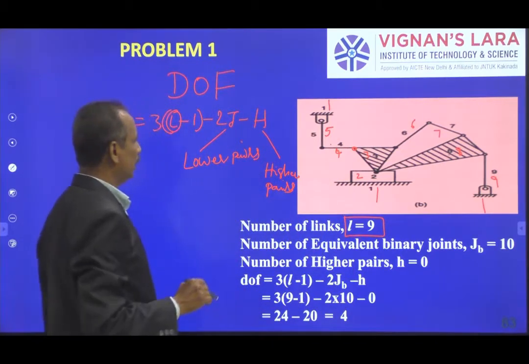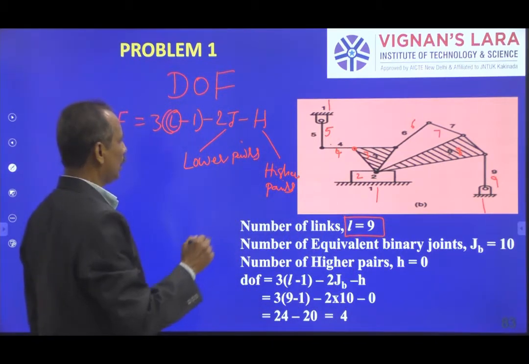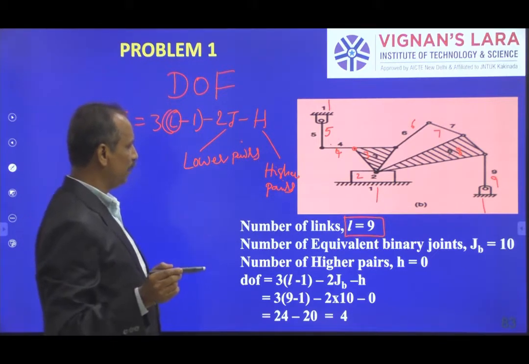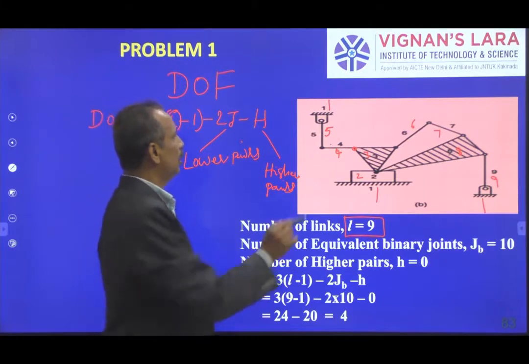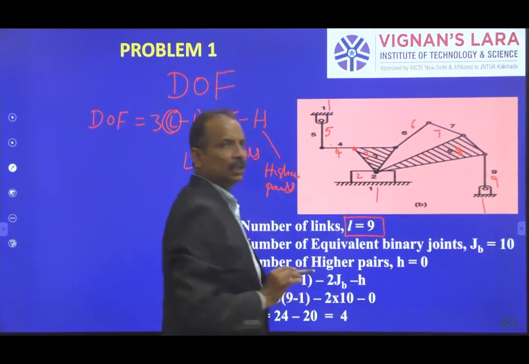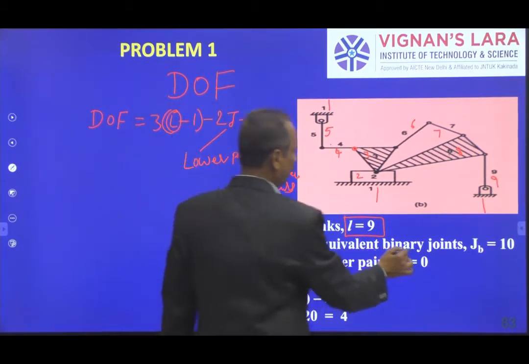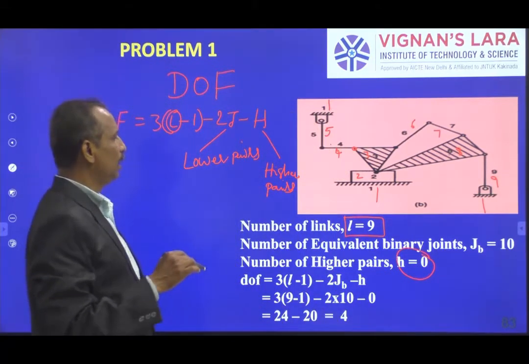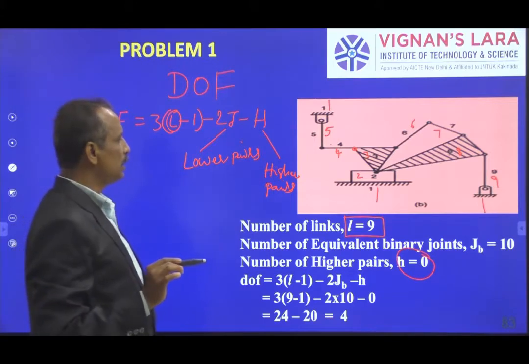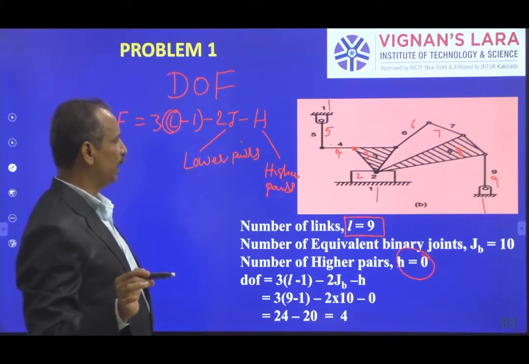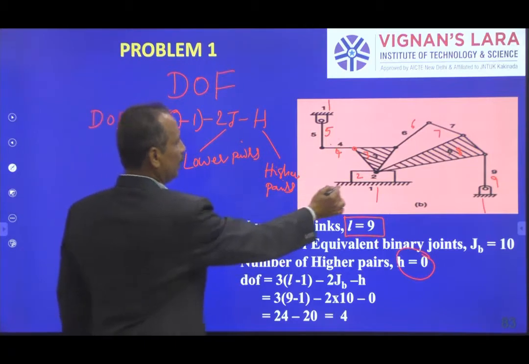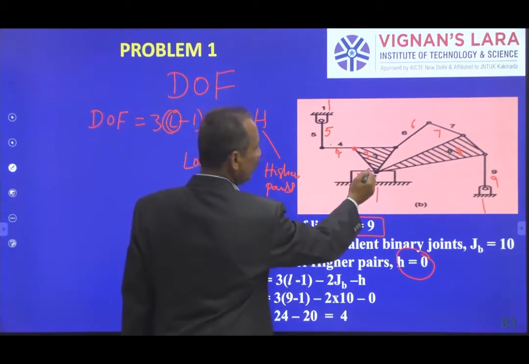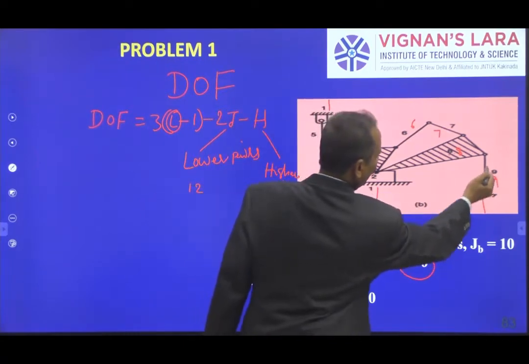Then come to counting how many joints are lower pairs or binary pairs and how many are higher pairs. Look at this problem, there is no higher pair. That is why H is equal to 0. Now coming to the lower pairs and converting into binary pairs, how many are there? Let us see. First 1, 2. Then 1, 9.